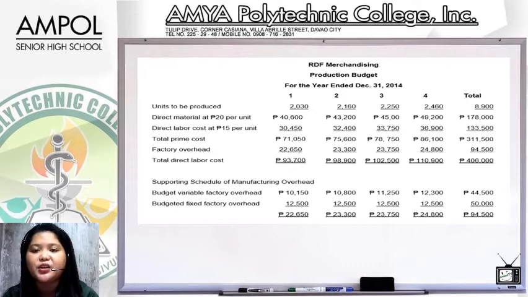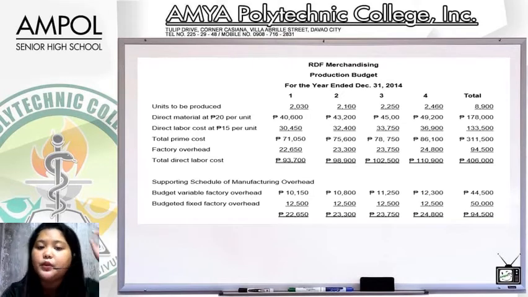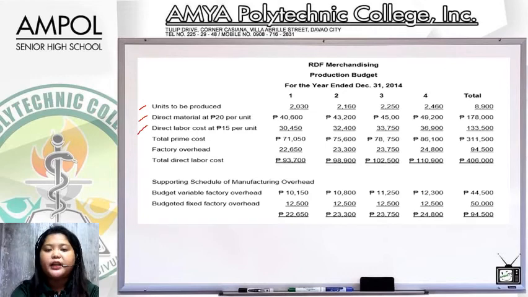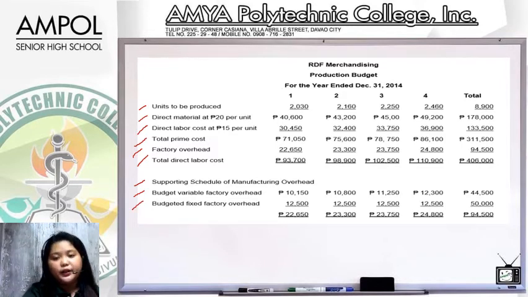So, RDF Merchandising's production budget for the year ended December 31, 2014. We have here the units to be produced, direct material at 20 pesos per unit, direct labor cost at 15 pesos per unit, the total prime cost, the factory overhead, and the total direct labor cost. We also have the supporting schedule of manufacturing overhead, budgeted variable factory overhead, and budgeted fixed factory overhead.